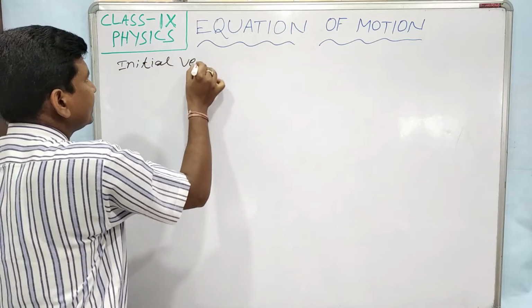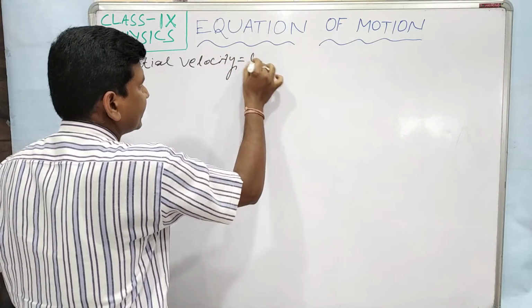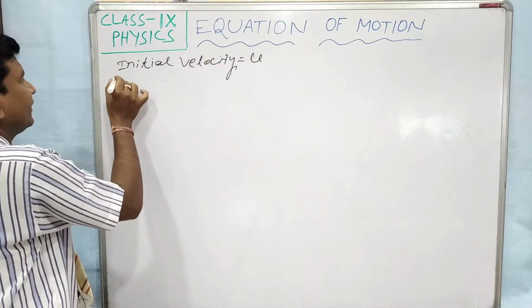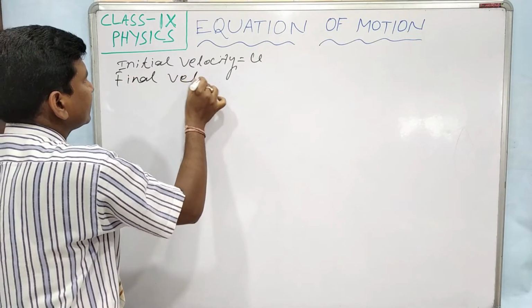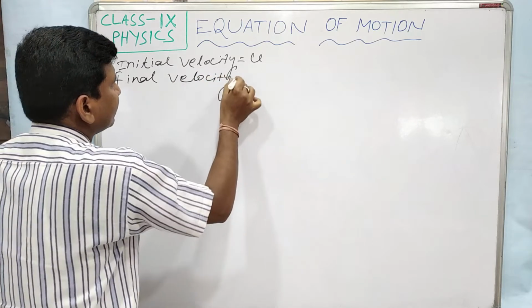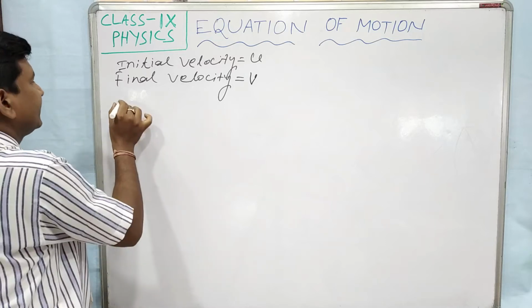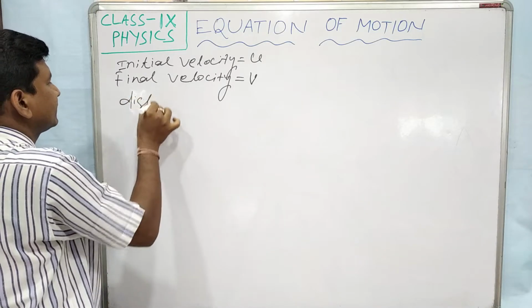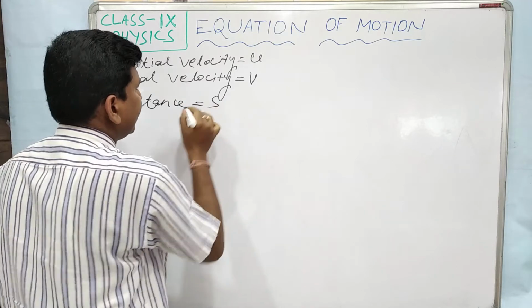The initial velocity is denoted by the symbol u. Then final velocity is denoted by the symbol v. Then distance is denoted by the symbol s.